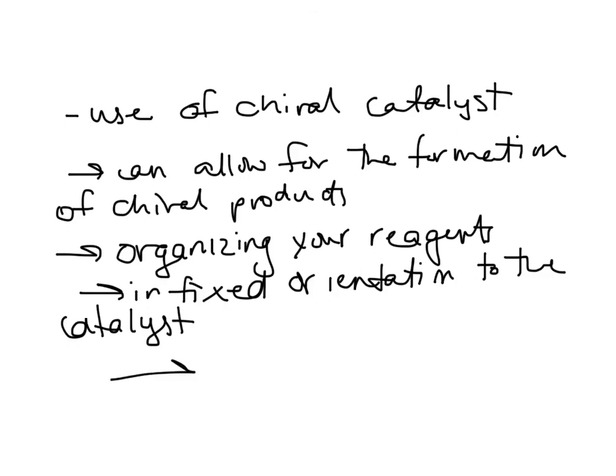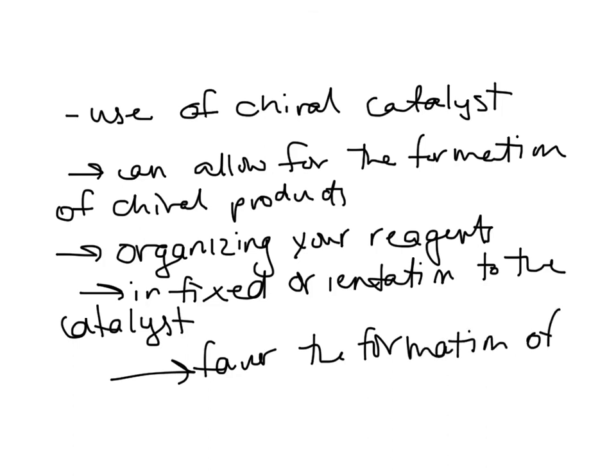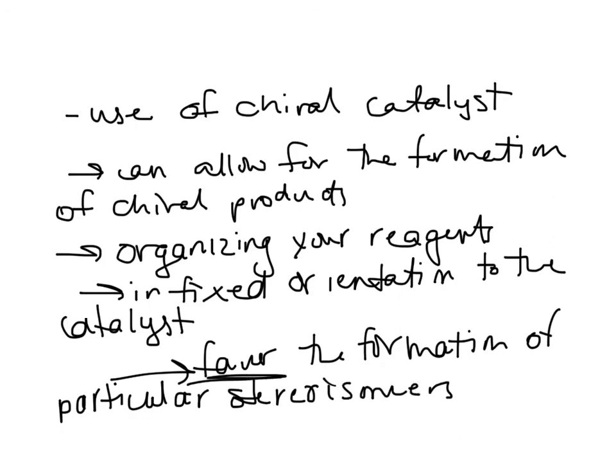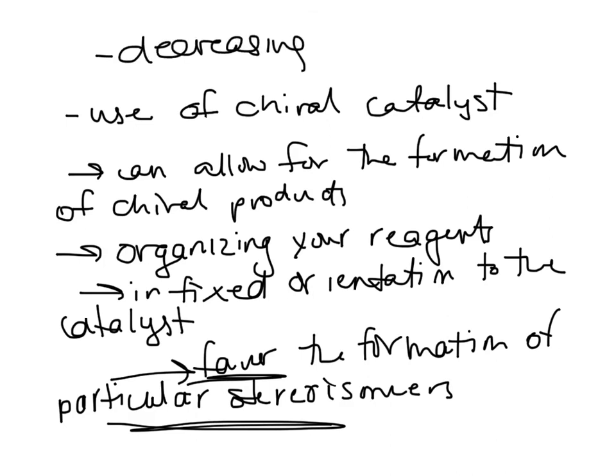As a result, you can favor the formation of a particular stereoisomer. That's the role of a chiral catalyst. It can allow for the formation of a particular stereoisomer. You're decreasing the entropy. You're decreasing the randomness.